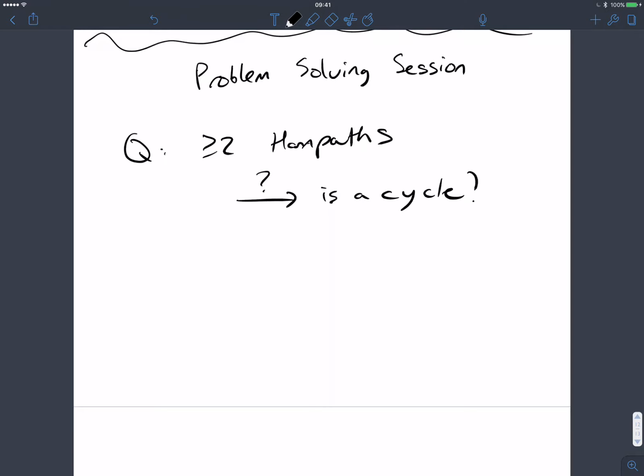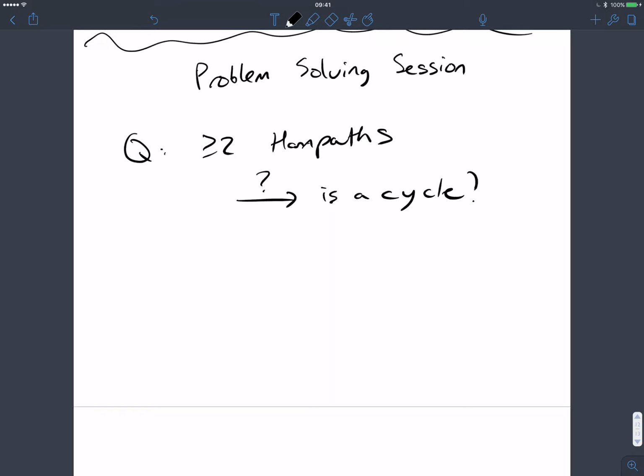Okay, so I'm saying that either there exists exactly one Hamiltonian path, or there are at least 2 Hamiltonian paths, because a tournament always has a Hamiltonian path, which means that if it's not one, it's at least 2. In which case, if there are at least 2, there must be a cycle on 3 vertices somewhere. I'm not saying which 3. I'm saying there is a subgraph on 3 vertices. Yeah.